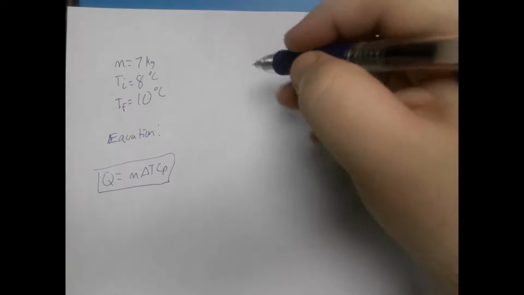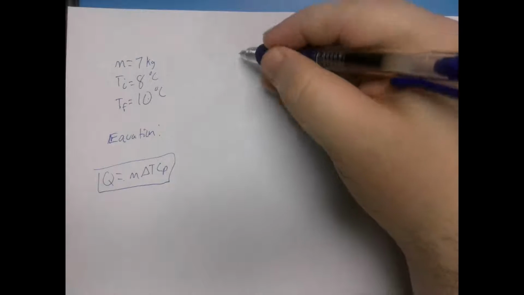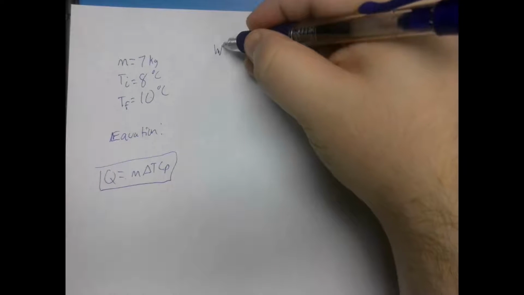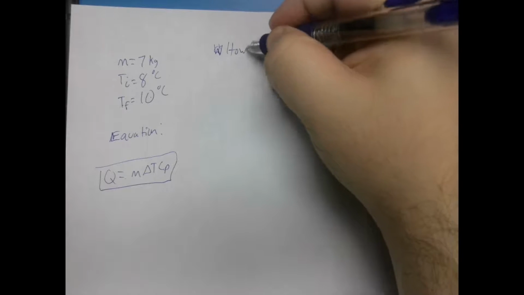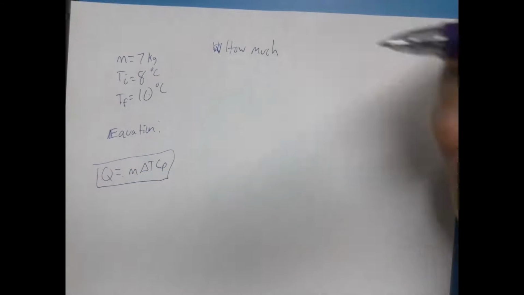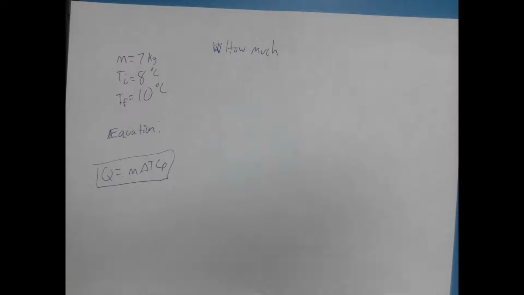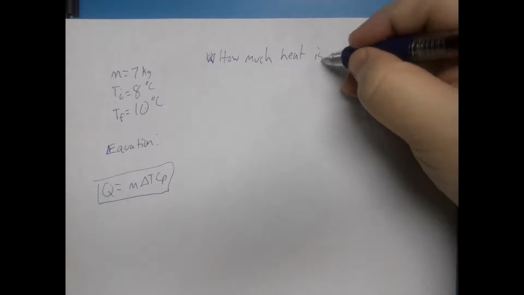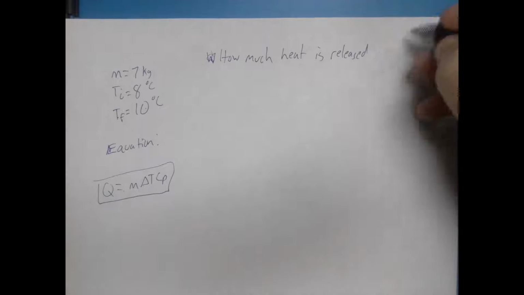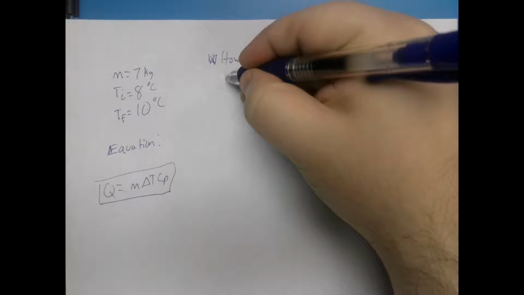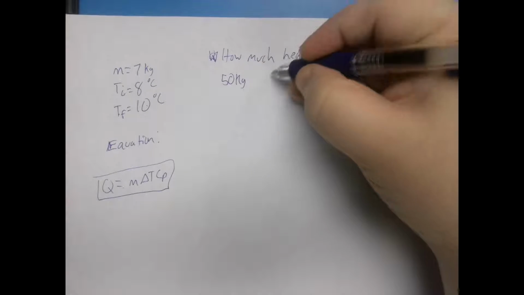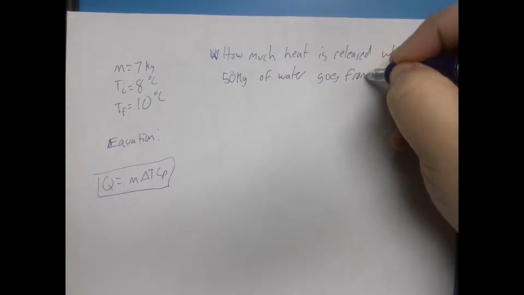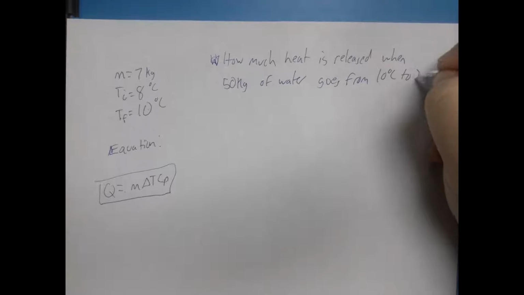The number one mistake I saw was something like this. So the question said, how much heat is released when 50 kilograms of water goes from 10 degrees Celsius to 20 degrees Celsius.